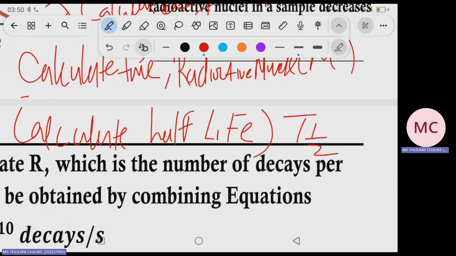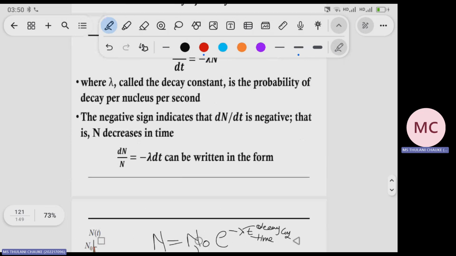Half-life is T half. Let's see if they wrote it here.